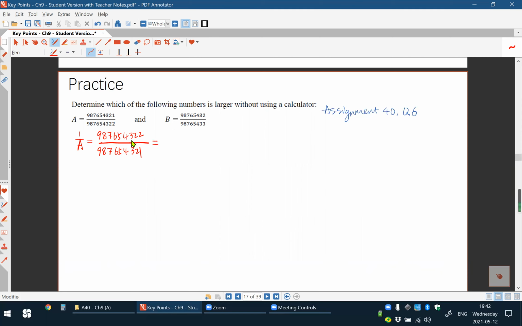And we can detach the numerator into two parts. First part is the same as the denominator, right? And second part is plus one. Okay, so this is actually 1 plus 1 over a very large number, right?